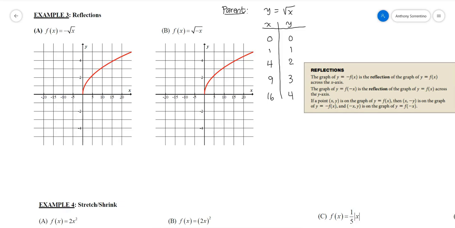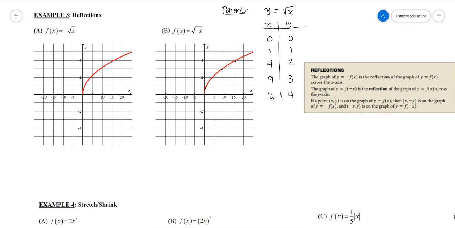And if I plot all these points, here's 0, 0. I guess I have to guess where 1, 1 is. It'd be about here. 4, 2 would be about here. 9, 3 would be here. 16, 4 would be here. So you kind of get the idea of where these things need to be.